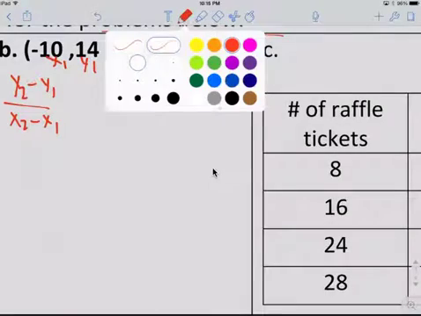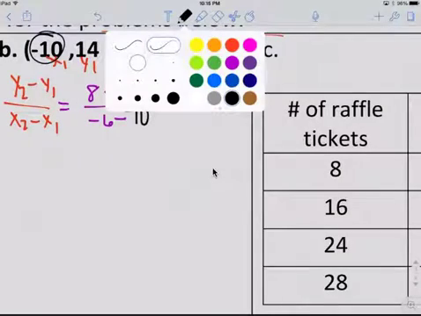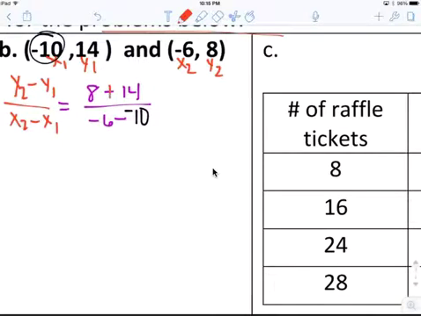Okay, so you get 8 minus 14 over negative 6 minus, oh, this is a negative 10. So you make sure you put a negative 10 there. Okay, so this way you get a plus, a negative, positive, positive. That's negative 6 over 4, or negative 3 over 2.